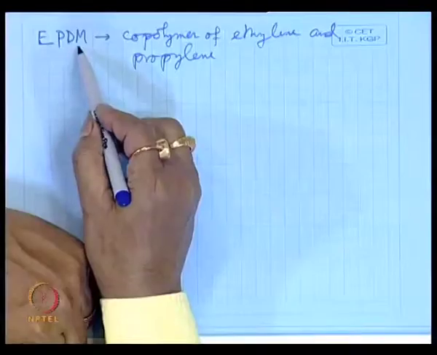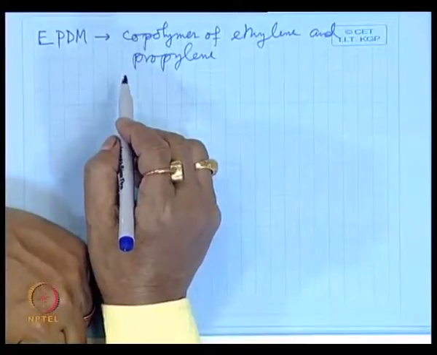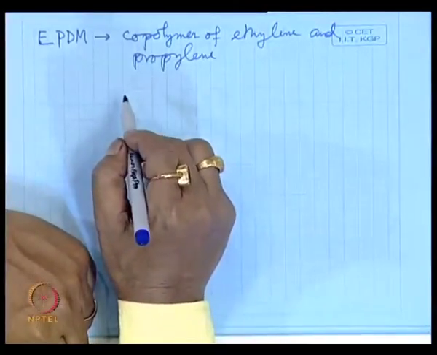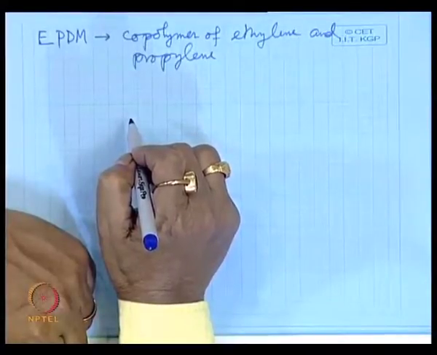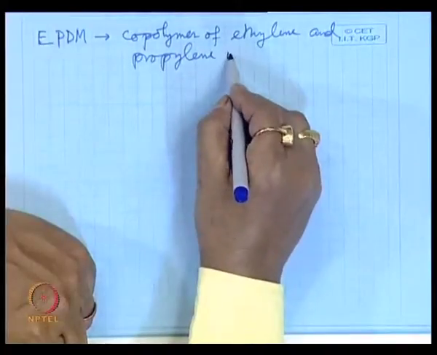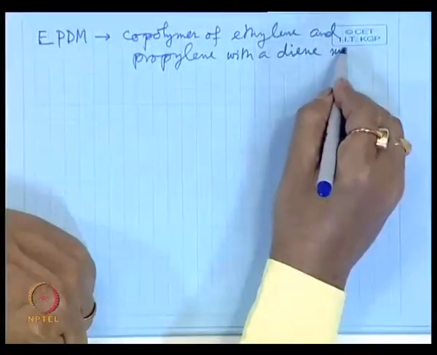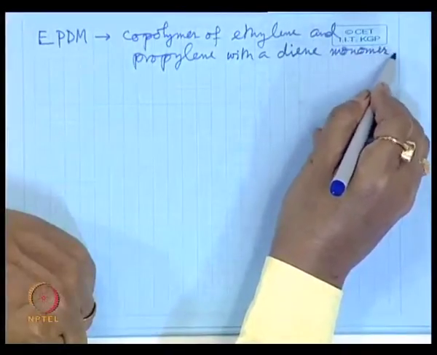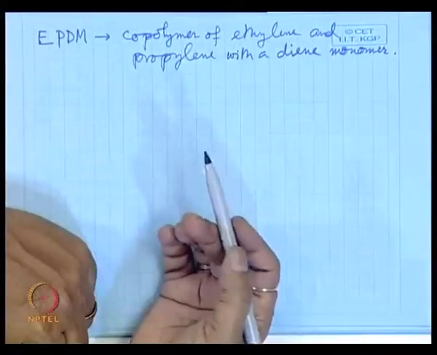And there is another monomer present, that is actually a diene monomer, for the purpose of introducing some cross linking site. A diene monomer is introduced along with ethylene and propylene. So, that is known as EPDM rubber, and EPR.